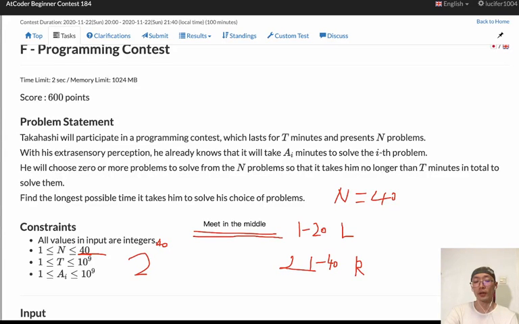So for each half, we just do naive enumeration. So now we will have 2^20 subsets for L, and also 2^20 subsets for R. Then we will enumerate the items in L, say Li.